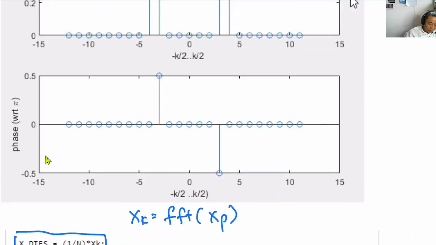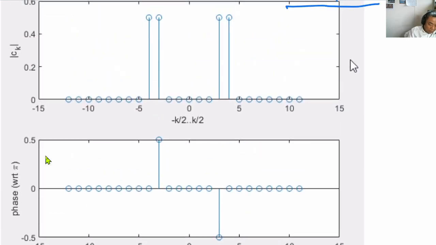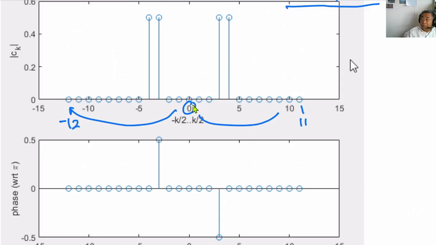So I'm going to plot from 0 to 11, and 0 to minus 12. The 0 is in the middle, so 0, 1, 2, the third coefficient, the fourth coefficient, the minus 1 coefficient, minus 2 coefficient, minus 3, minus 4 coefficients.